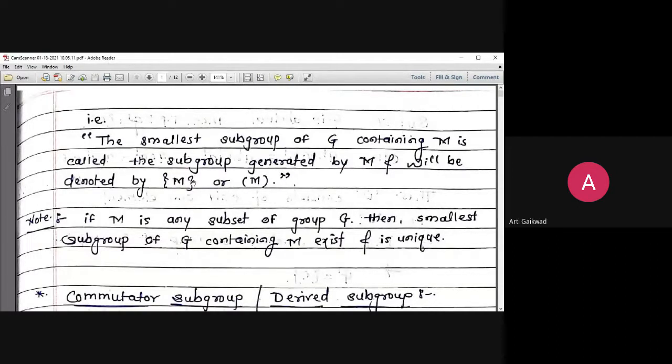Then that subgroup is called the subgroup generated by this set M. If M is any subset of a group G, then the smallest subgroup of G containing M exists and is unique.